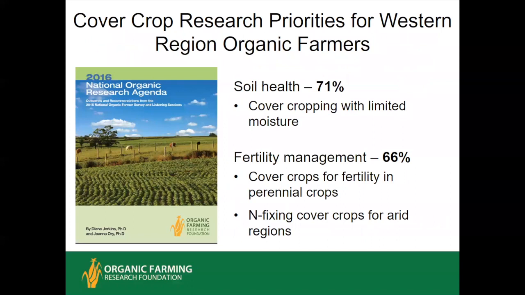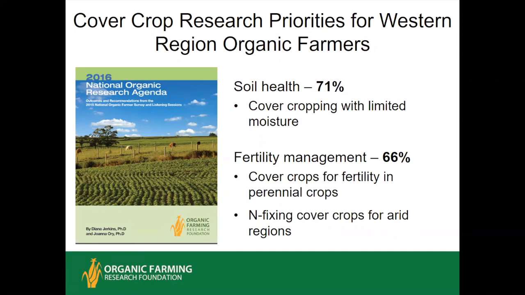So we'll start with the results of a survey that the Organic Farming Research Foundation conducted in 2015 as a basis for their publication that you see here on the left-hand part of the slide, National Organic Research Agenda.